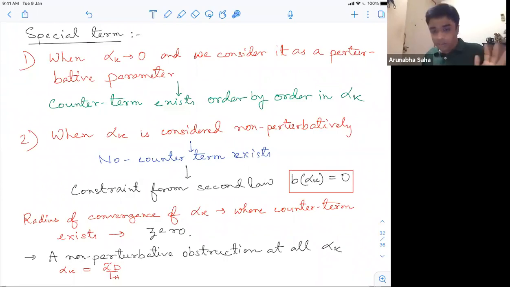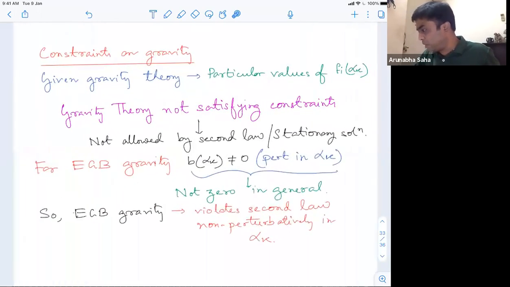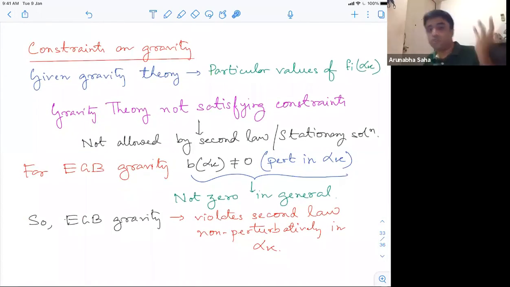Now, all said and done, the point is, are these constraints at all useful? Here I can use a result from an earlier paper that I wrote with Yogesh Dandekar, where we worked out the membrane equation for Einstein-Gauss-Bonnet gravity, but perturbatively in the alpha k parameter.